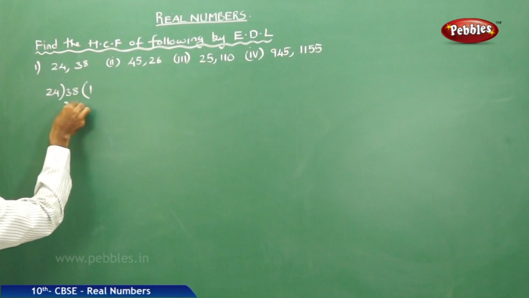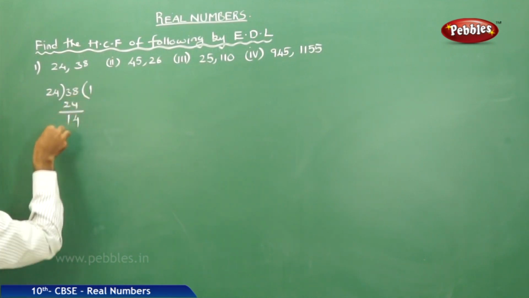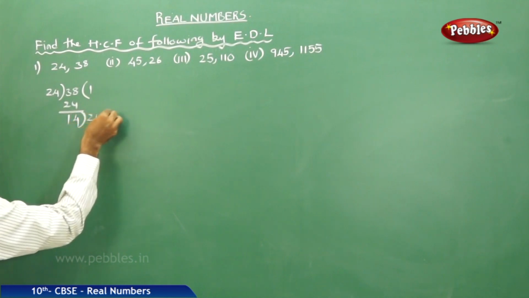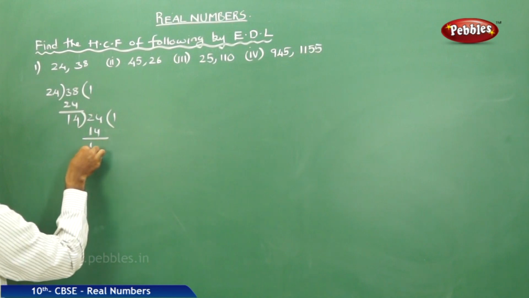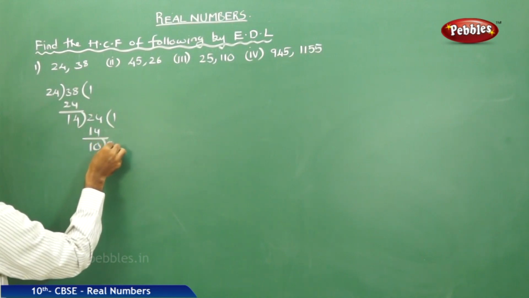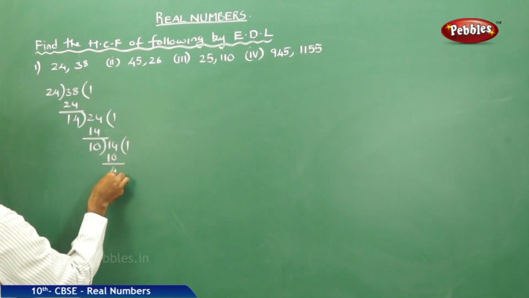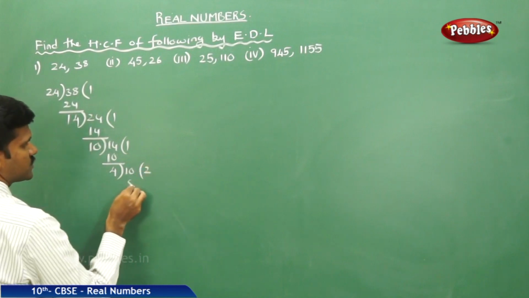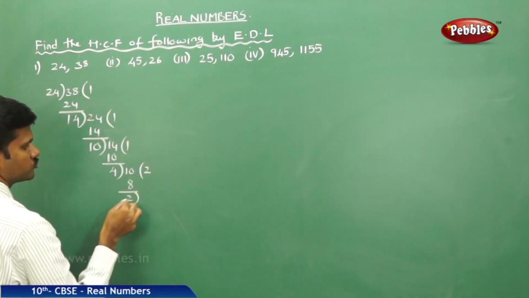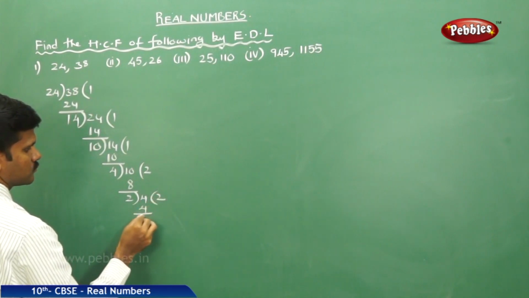One time 24, 38 minus 24 is 14. 24, one time 14, 10. One time 10, 4. 10, 2 times 4 is 8, 2. 4, 2 twos.